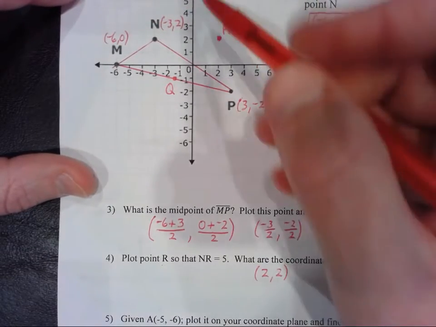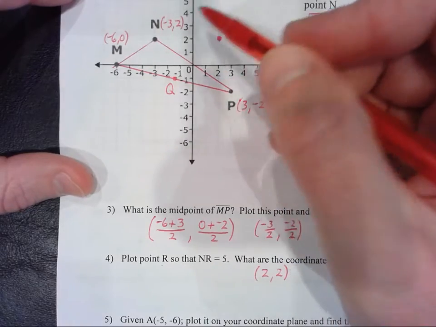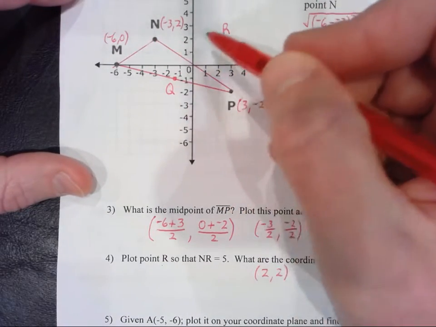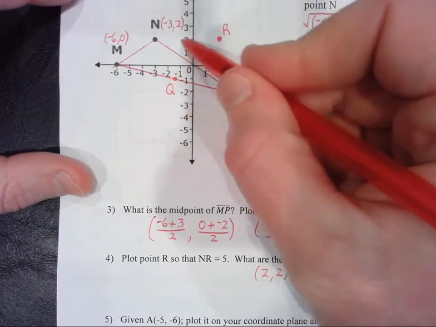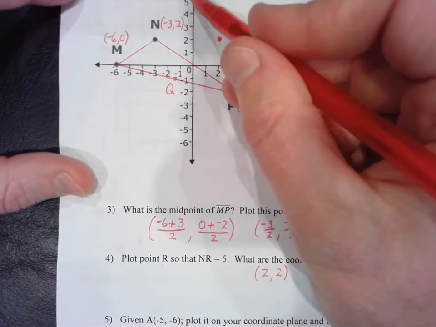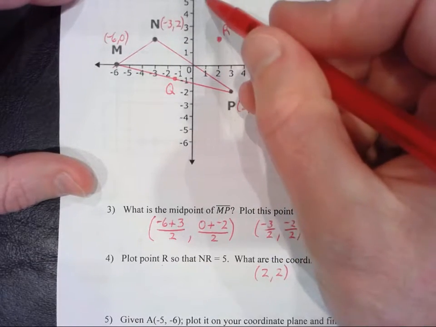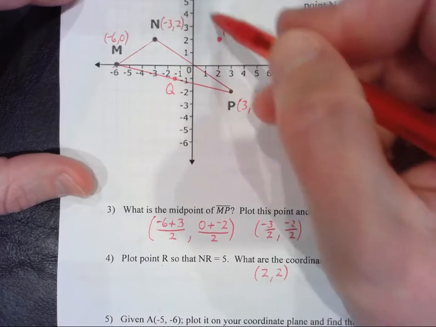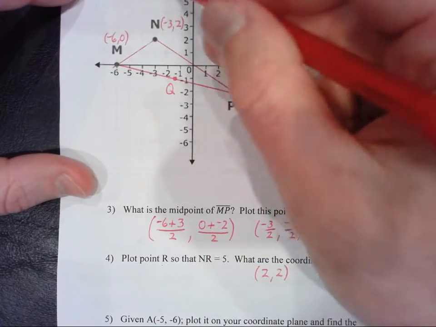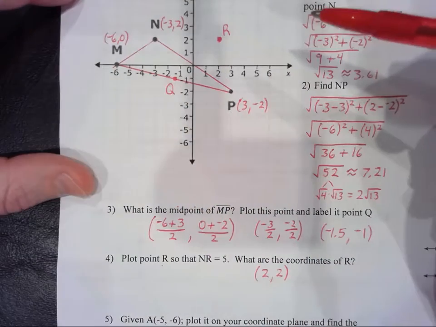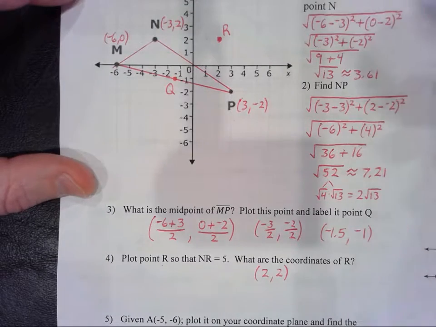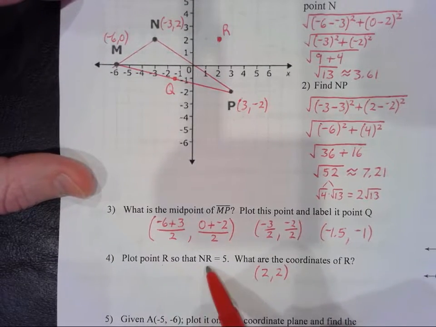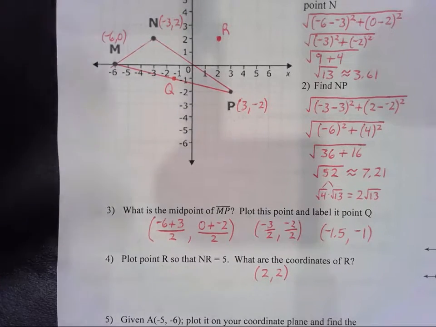And you may remember a right triangle with sides 3 and 4, I could go to the right 3 and up 4, or the right 4 and up 3. There's lots of points that R could be. We just need to plot a point R so that NR equals 5, which we've done.